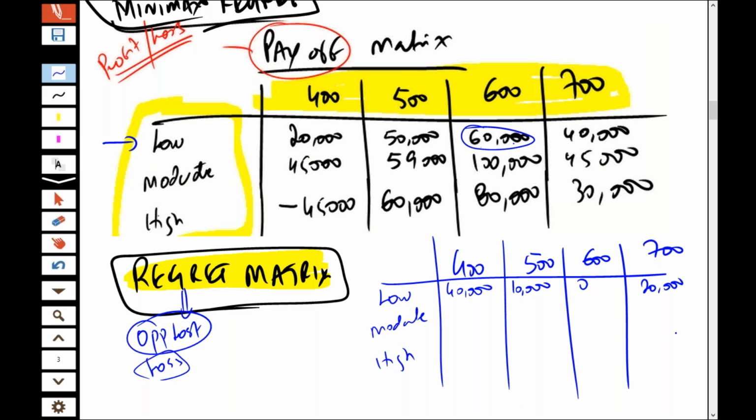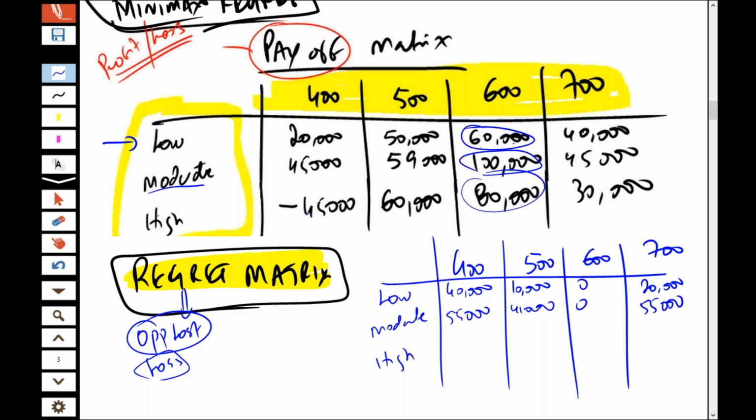Now what next is there? If I talk about the moderate, I know that this is the maximum that could be earned. So it's 100,000 minus 45,000 gives you 55,000. Then 0, 55,000. Then here you have got 80,000.